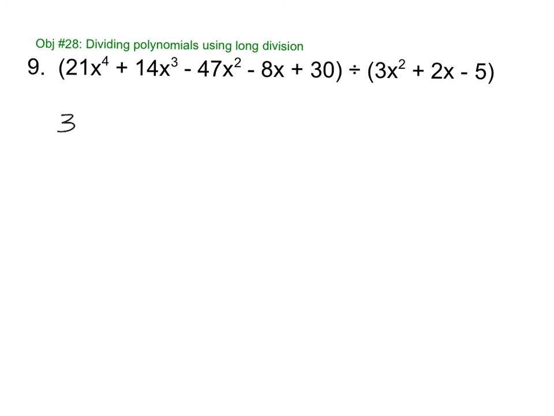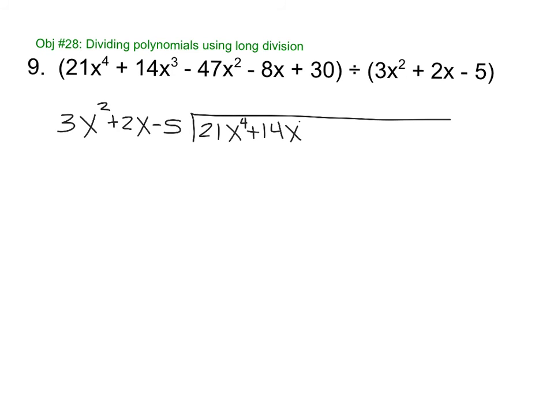All right, 3x squared plus 2x minus 5 into 21x to the 4th plus 14x to the 3rd minus 47x squared minus 8x plus 30. 3x squared into 21x to the 4th is 7x squared.